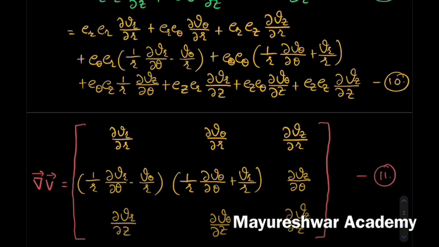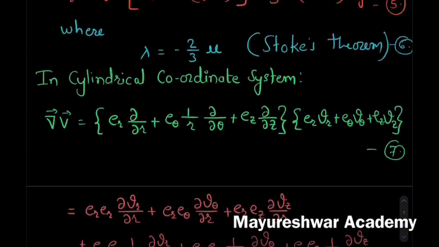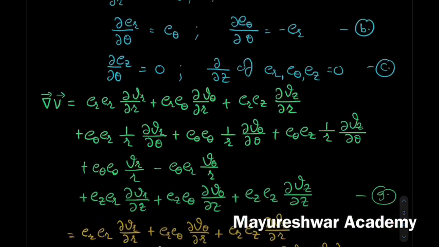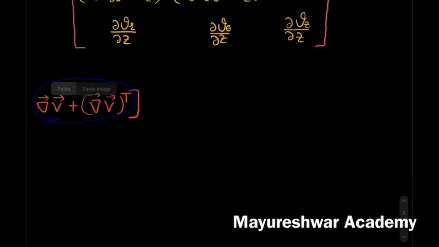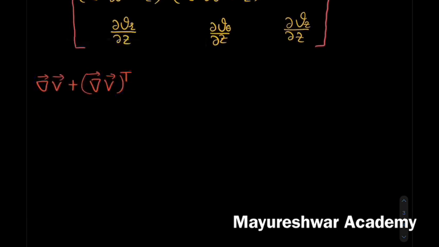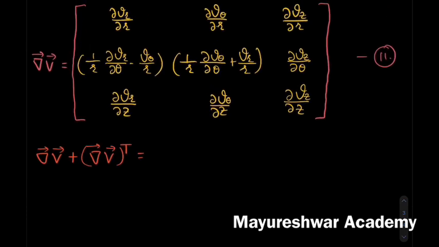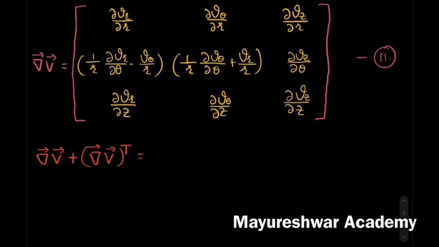Okay, so now we have the term which is del bar V bar, and in addition to that this term is formulated. Now we need to add this term, which is the transpose of del bar V bar. So let us copy these two and formulate the matrix addition so that we can get the final form of shearing stress terms.